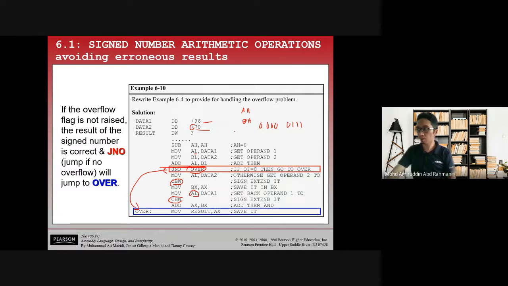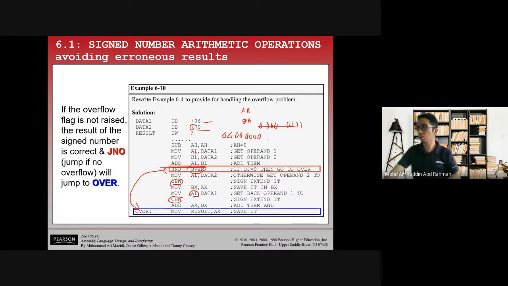You have AX like that, all of that is 0, and then 70 is 2 to the 6 plus 6.